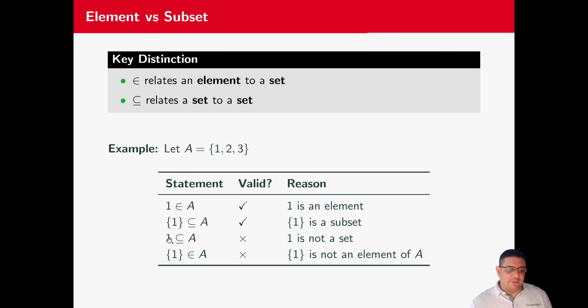Being a number doesn't make it a set, so it's not going to be a subset. Now the set of 1 belonging to A is not valid because the set of 1 is not an element of A. And you can see it because it doesn't belong to the list.